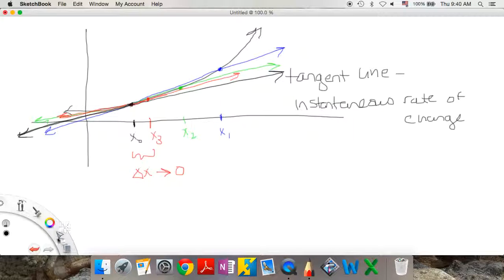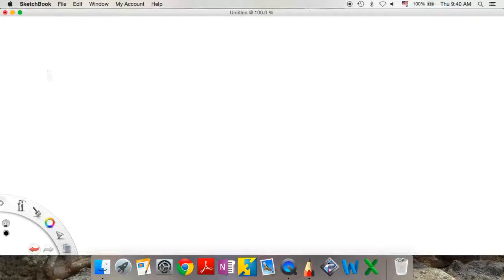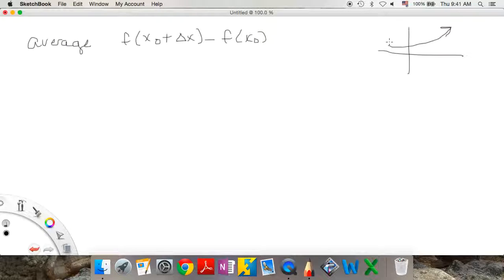So what does that mean algebraically? How can we figure that out algebraically? Well, for average rate of change, we've got f at our x naught plus delta x, that space between them, minus f at our x naught. So if we have our function here, we've got x naught, and then we've got this next point where we're delta x away.